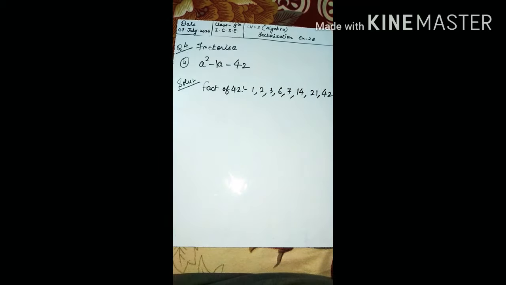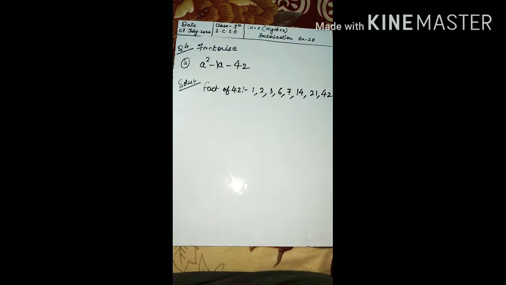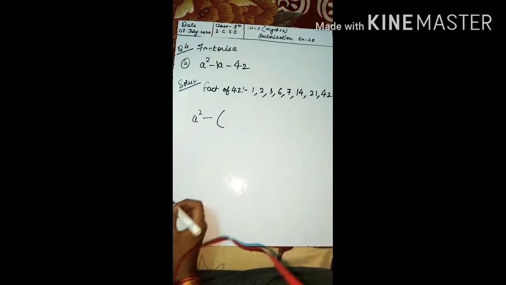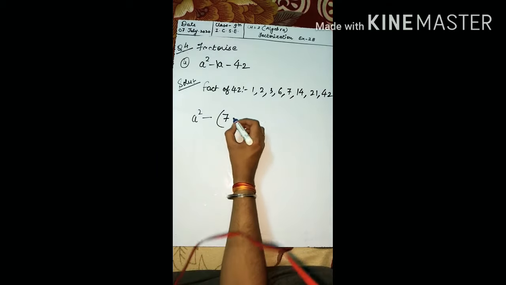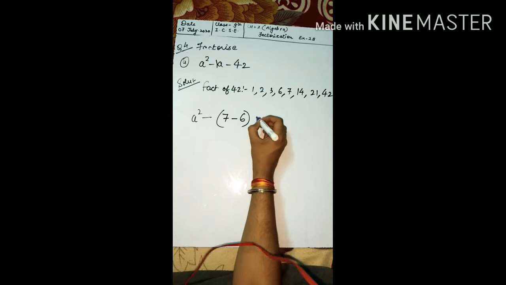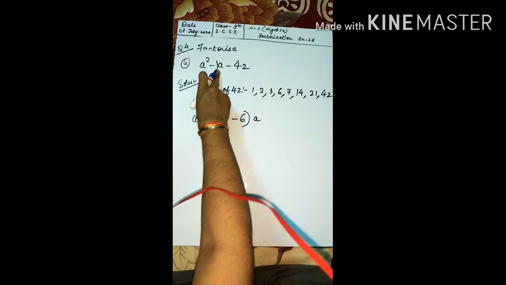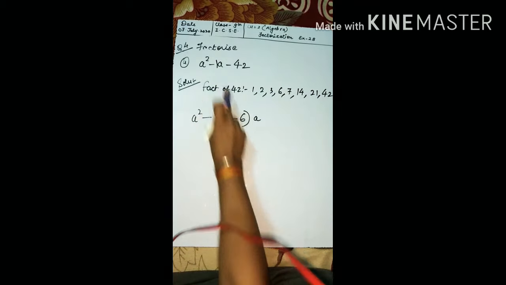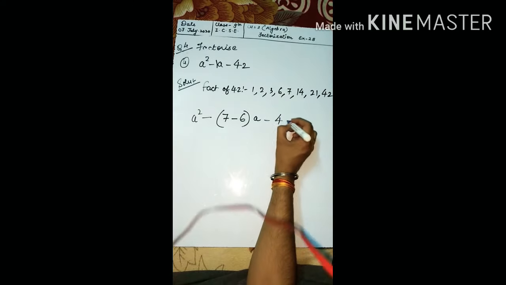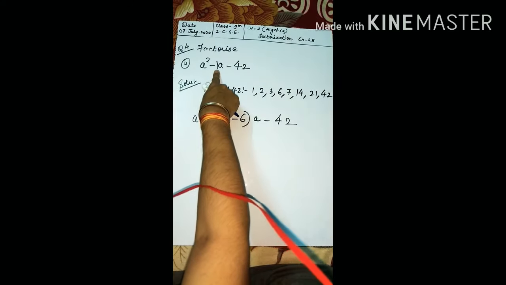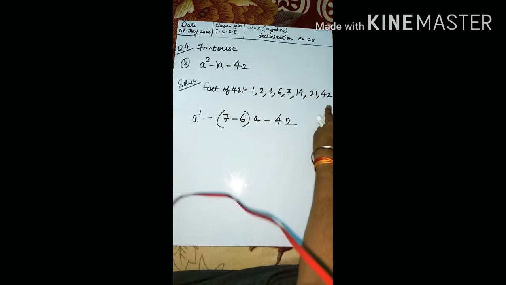So you understand in such a way that a minus 7 minus 6 into a, because this minus sign I'm writing here. How to get this 1? 7 minus 6. Okay, then a, then minus of 42. Understanding? We need 1 here, and we cannot get 1 by adding any of the numbers.